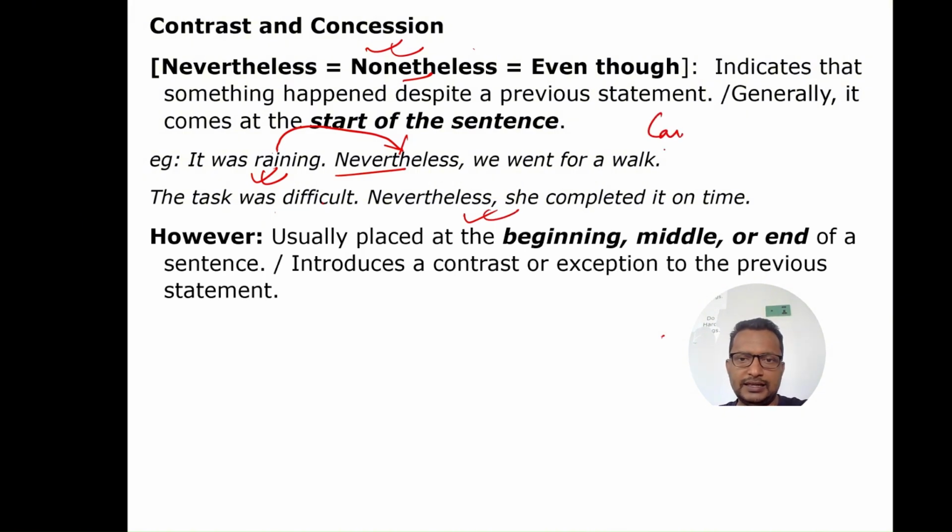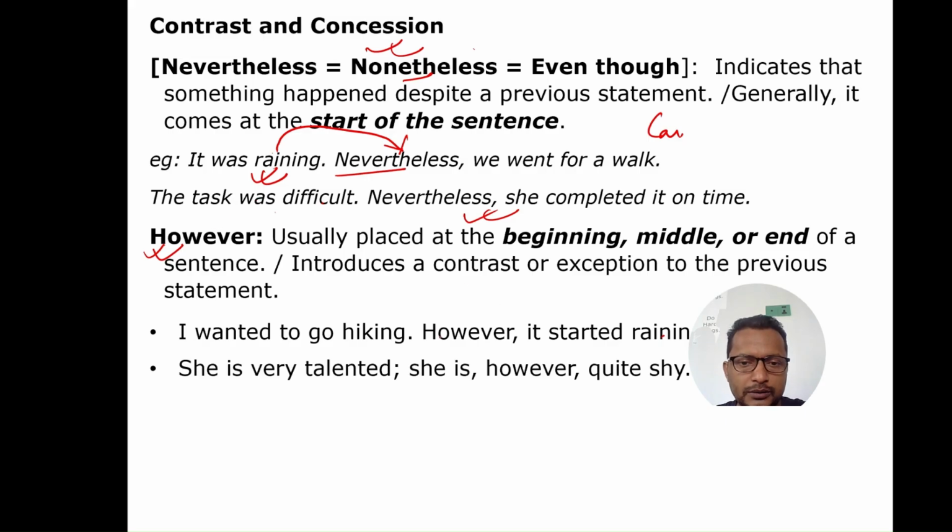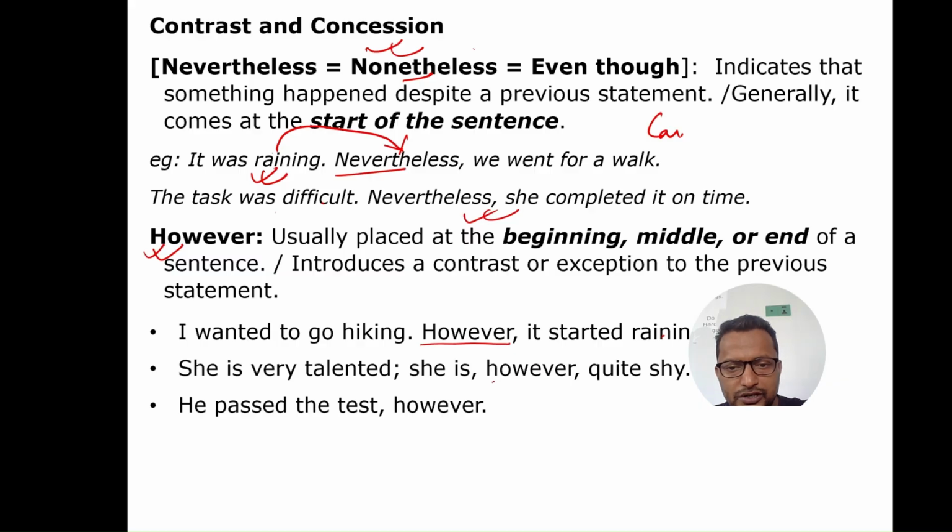Okay. And then however is also the same. You use it when you are showing contrast or concession, but generally however can come at the beginning of the sentence, in between, and at the end of the sentence also. For example, I wanted to go hiking, however it started raining. This is a correct sentence. She is very talented, she is however quite shy.